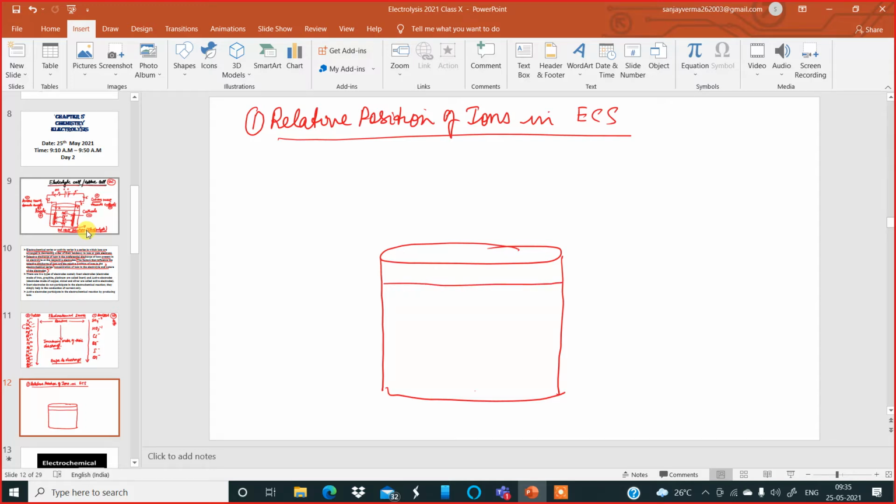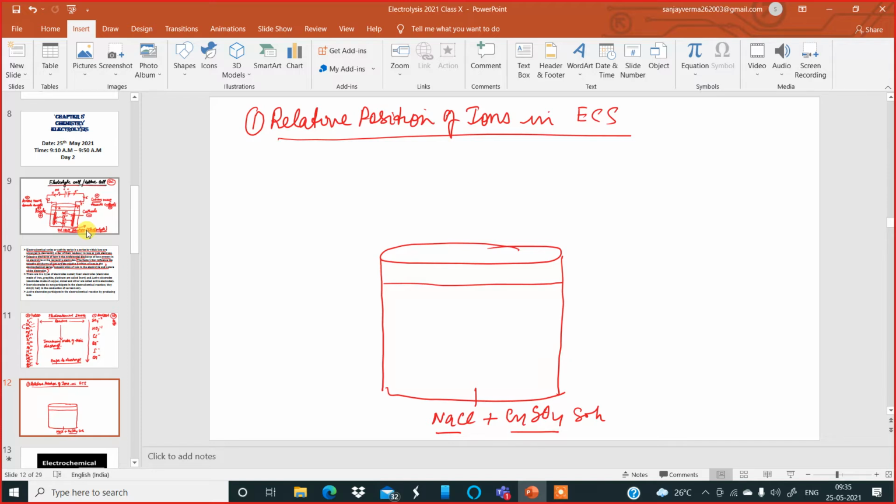This solution is prepared by mixing, say, sodium chloride and copper sulfate in water. Now this electrolyte contains sodium chloride and copper sulfate solution, so you can see there are two salts.